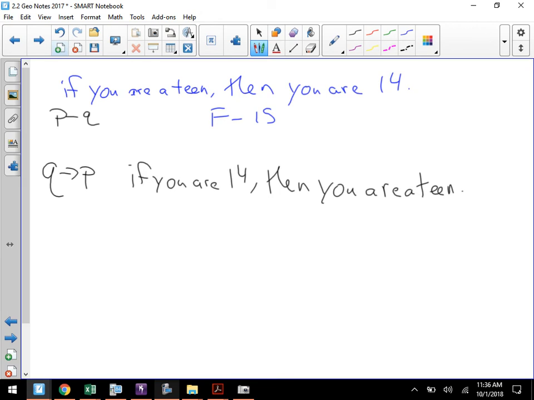Is that true or false? True, okay. Negate the original. Not P to not Q. If you are not a teenager, then you are not 14.